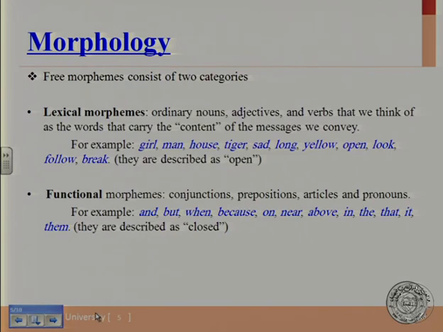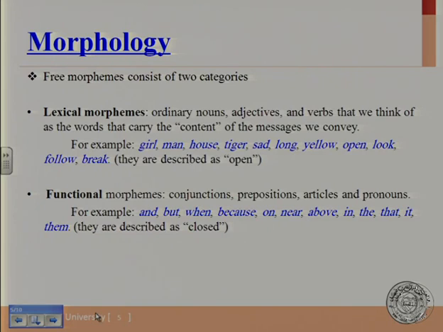Sad, as an adjective, is also a free lexical morpheme. And of course, if you look at words like sad, long, yellow, open, you find that nothing is added, either at the beginning or at the end. The lexical morphemes are also described as an open class.